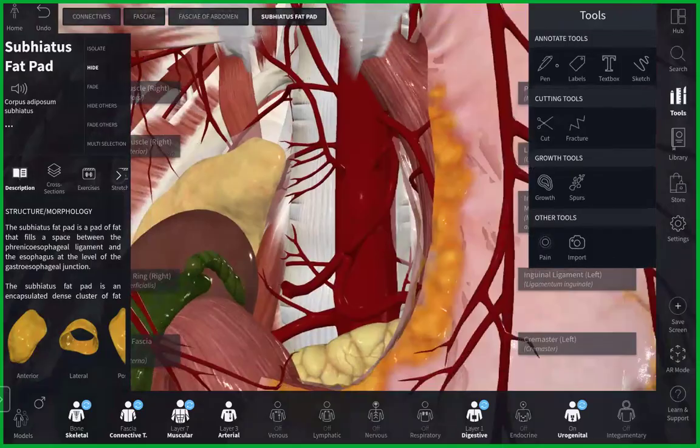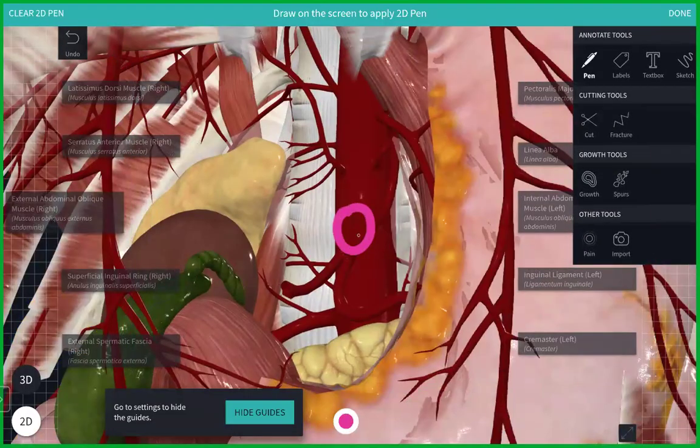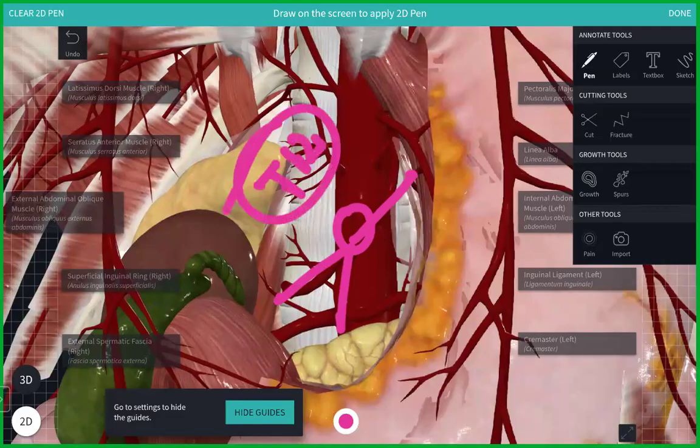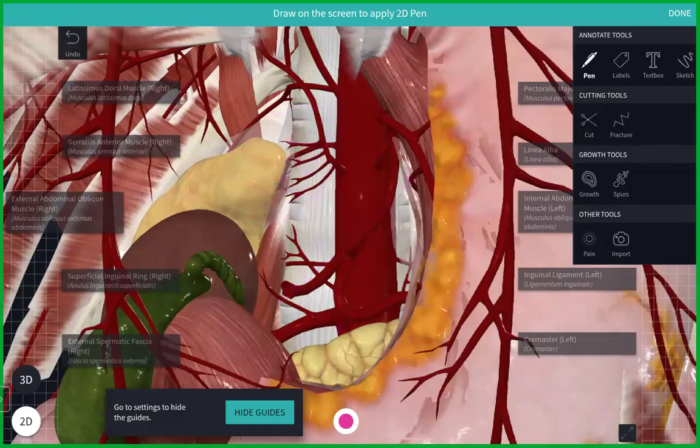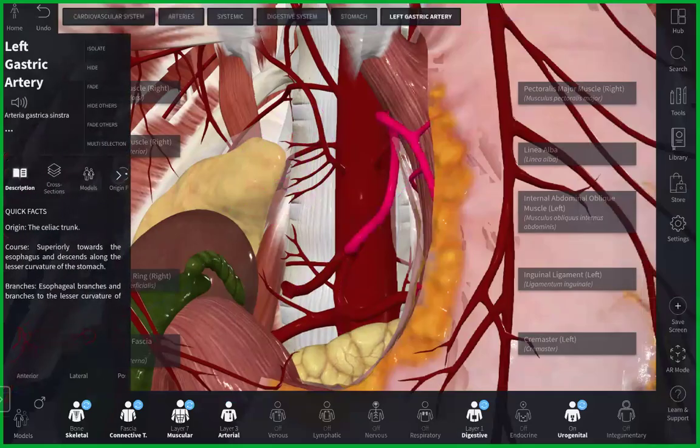Celiac means sun-like, and it will have three rays: one, two, three, at the level of T12, just after crossing the aortic hiatus.